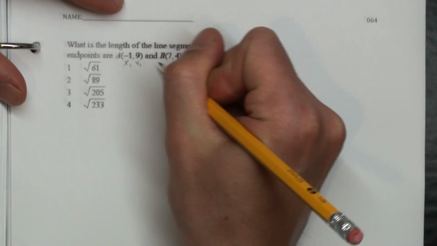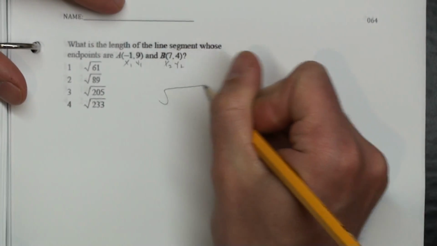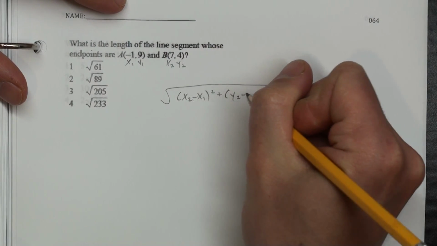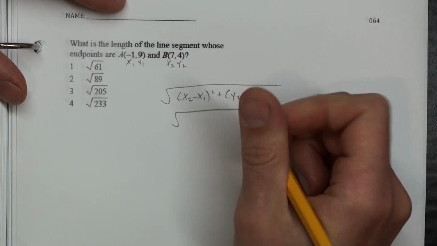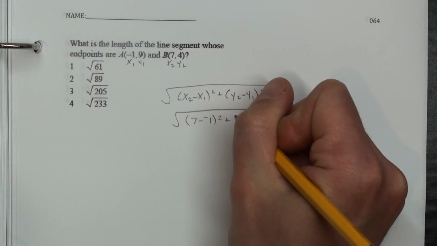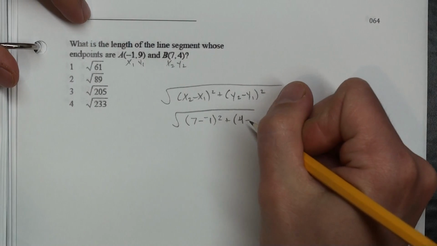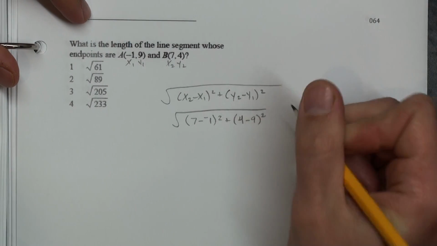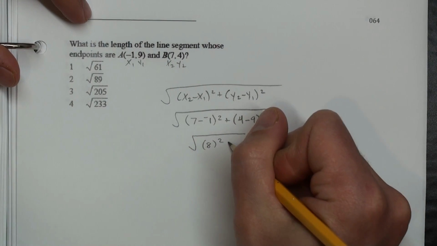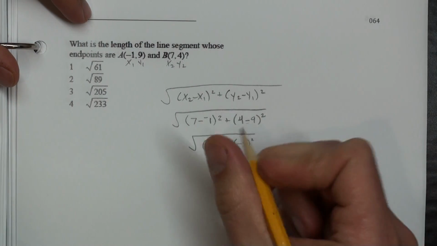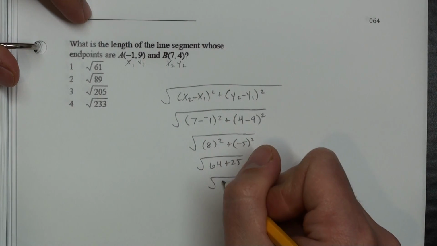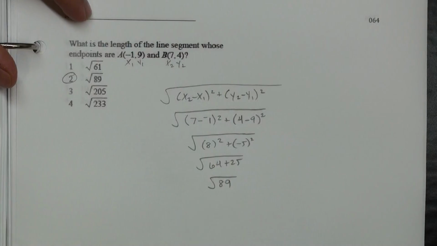Alright, so we got x1, y1, x2, y2. Choice 2.